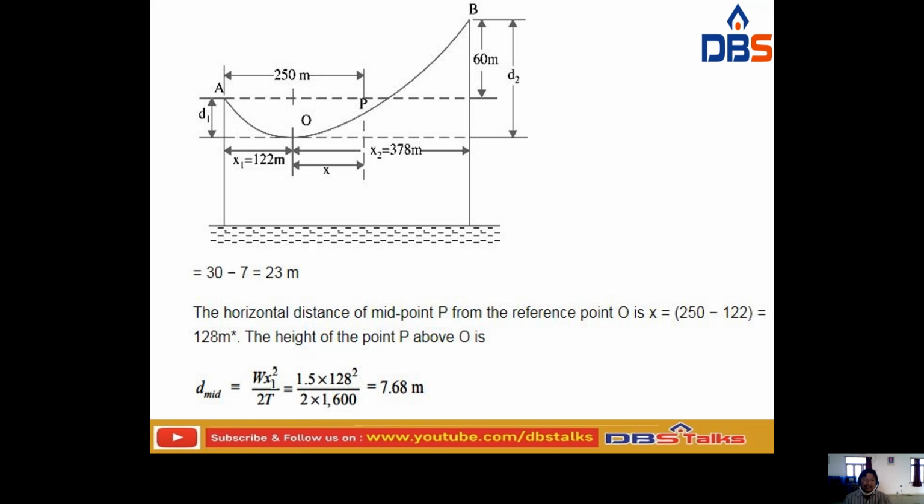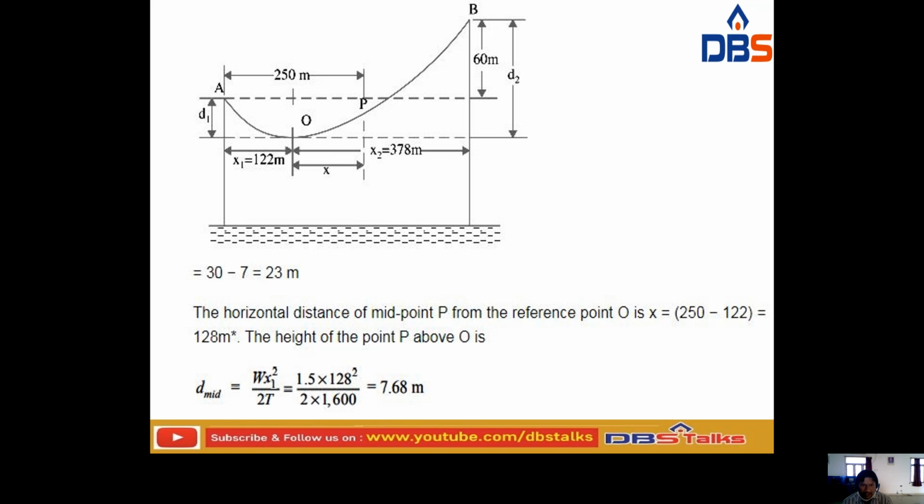Now we have to calculate the height of point P with the x value, that is omega 1.5 into x square, not x1 square, 128 square divided by 2 into 1600, that is the tension. So D midpoint is 3.68 meters, right?